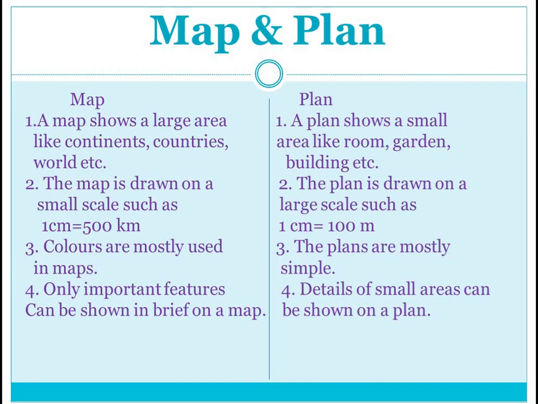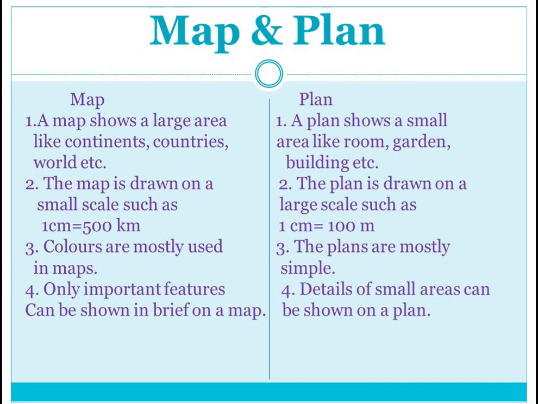Colors are mostly used in maps, as we have taken the example of physical features. Different physical features are shown by different colors. But plans are mostly simple. Then, only important features can be shown in brief on a map. If we take a large area, definitely we will be able to show that area only in brief.